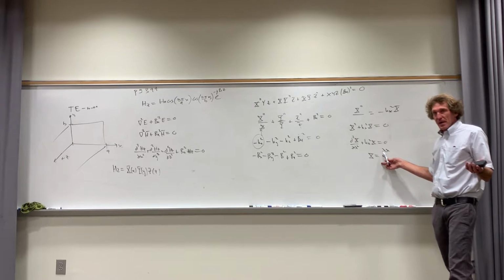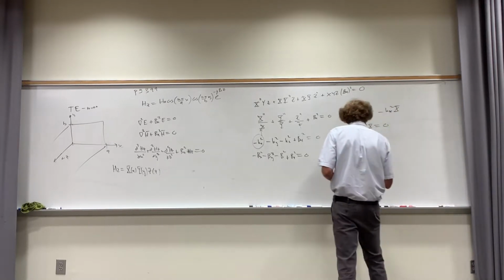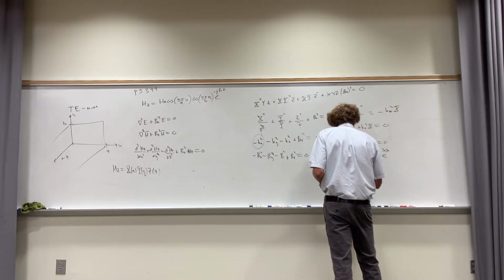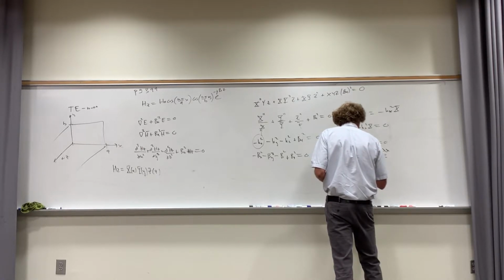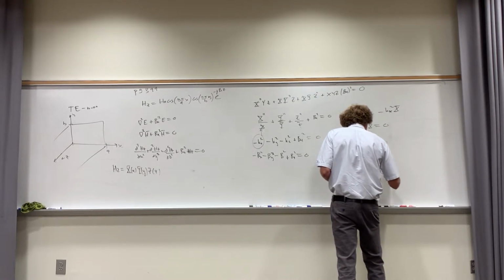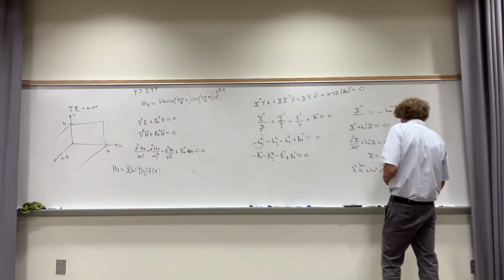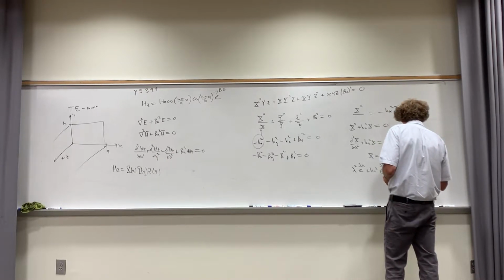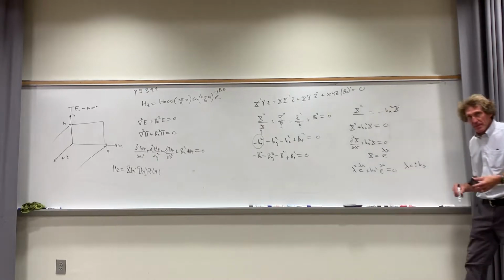Take two derivatives of that, so now I get lambda squared times e to the lambda x plus kx squared e to the lambda x is equal to 0, and therefore lambda would be equal to plus or minus kx. Do you all see what I've done there?